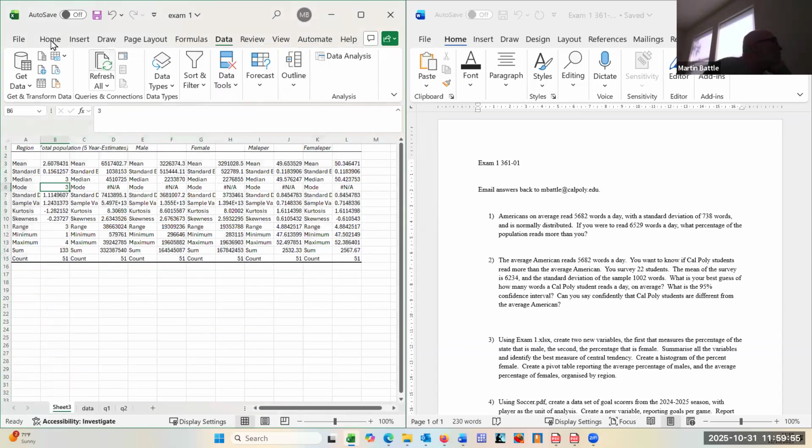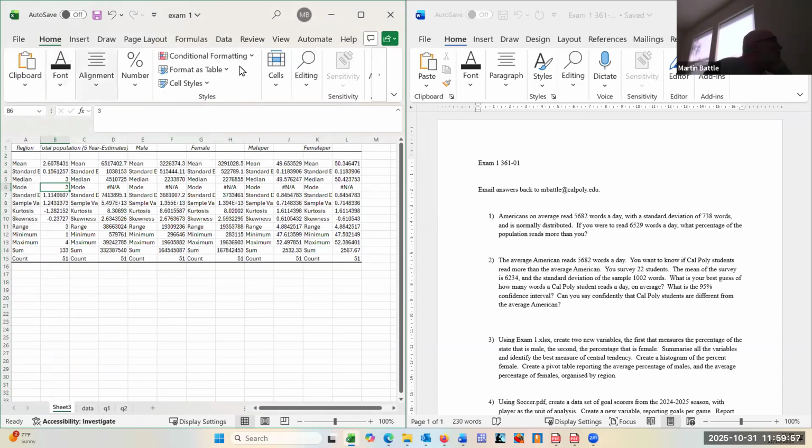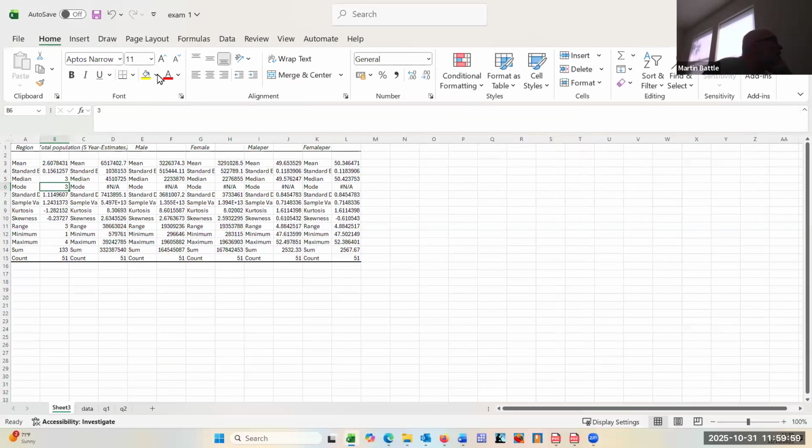So what I would do here is bigger. So that is South. So that would be the mode is South. Then in terms of population, I would use the median because they're different. In terms of all of these, I would use the median because the mean and the median are so different.